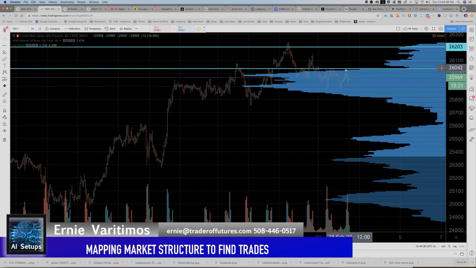And look at the edge there. It is so profound. The edge on the top of that value node and the edge at the bottom of that value node. The one at the bottom is a little bit more profound only because the well underneath it is much deeper, with much less volume down there. We've established even more volume up top.